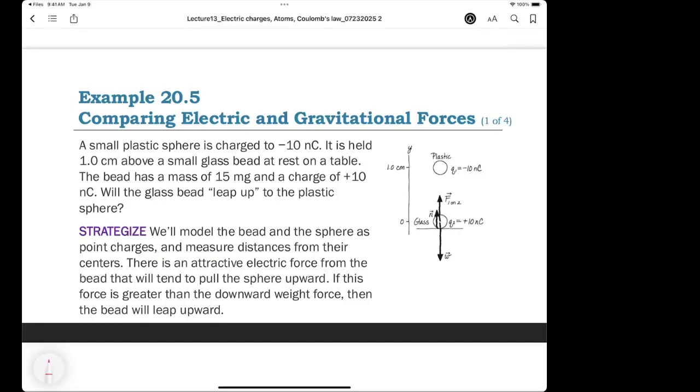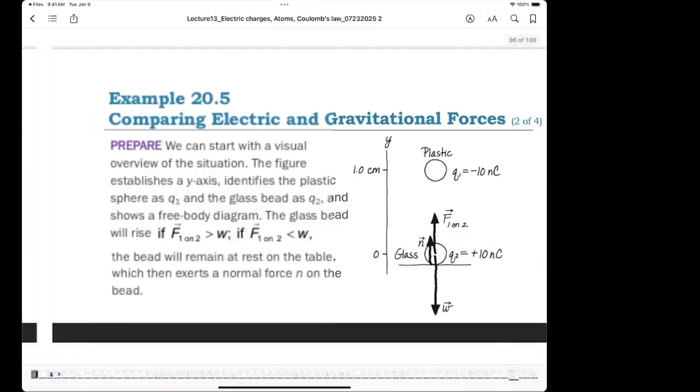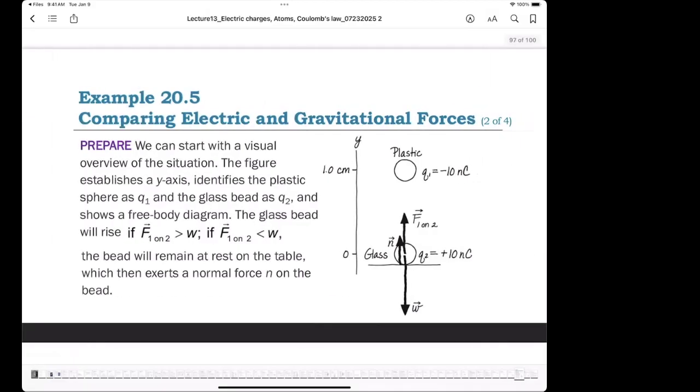Will the glass bead leap up to the plastic sphere? We will model the bead and the sphere as point charges and measure distance from their centers. There is an attractive electric force from the bead that will tend to pull the sphere upward. If this force is greater than the downward weight force, then the bead will leap up. We will start with a visual overview of the situation.